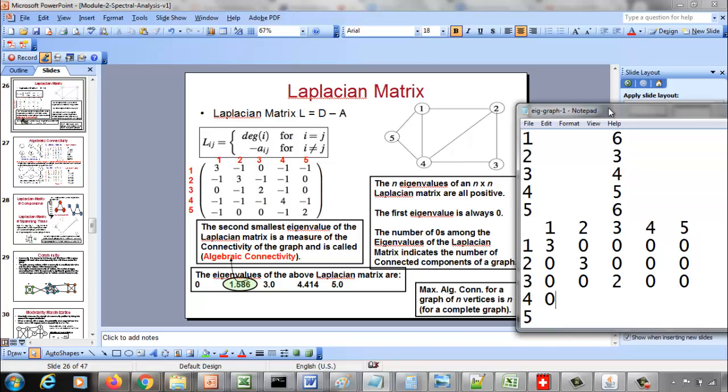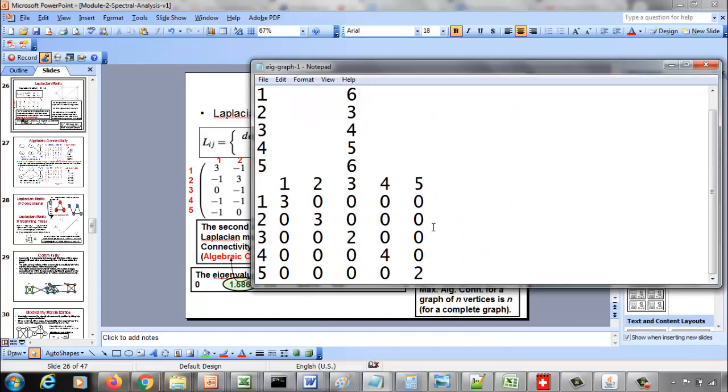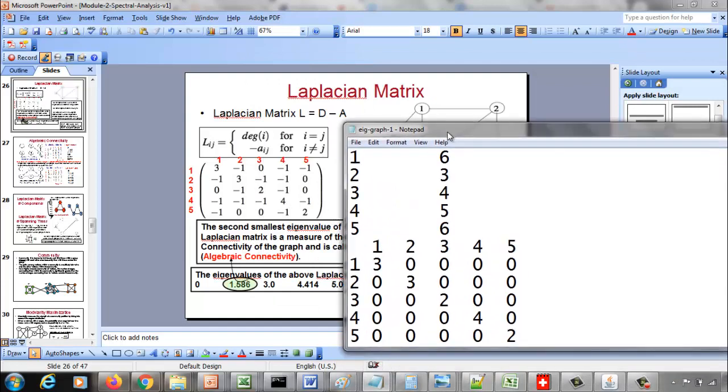So now you can already visualize why the Laplacian matrix is formulated like that. Now think about this: such a degree matrix minus an adjacency matrix. An adjacency matrix is going to have 0 in the diagonal. So 3 minus 0 is going to be 3.